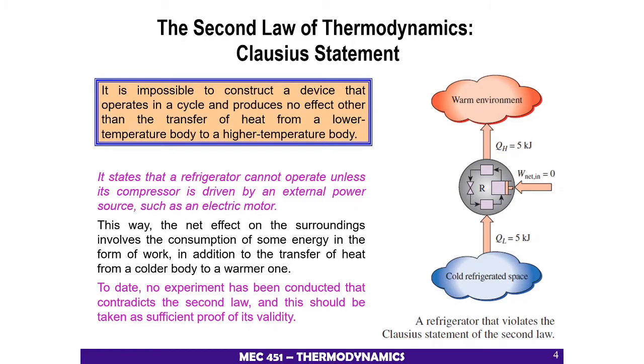Which means that this operation requires work in, such as a motor powered by electricity. So the net effect on the surroundings involves the consumption of energy in the form of work, in addition to the transfer of heat from a colder body to a warmer one.